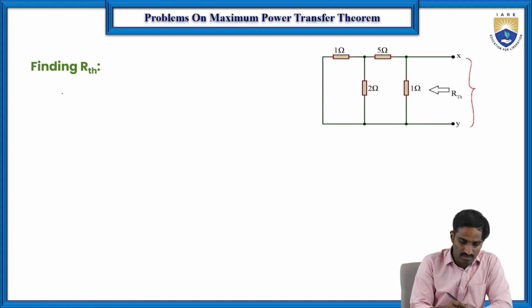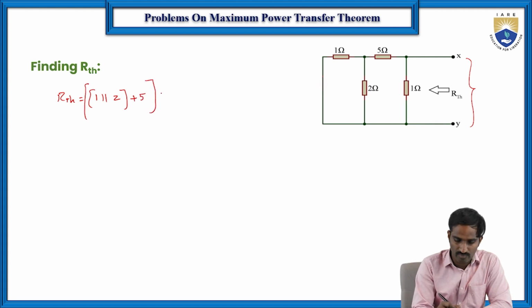As we know, the 1 ohm is in parallel. So R Thevenin is equal to 1 in parallel with these 2 ohms, and this combination is in series with the 5 ohms, and this total combination is again in parallel with the 1 ohm.